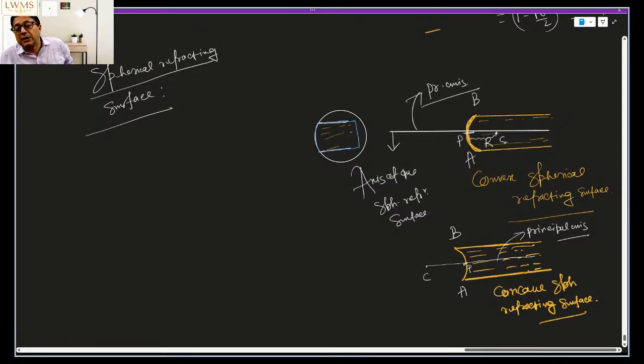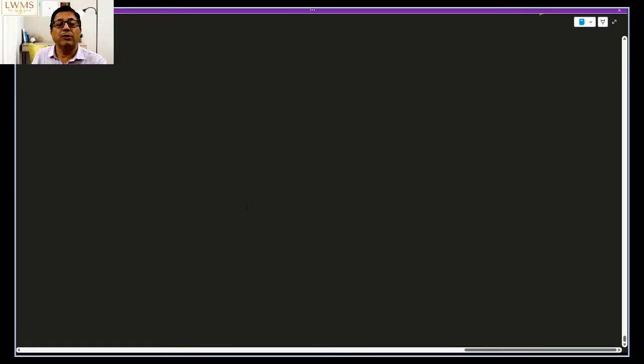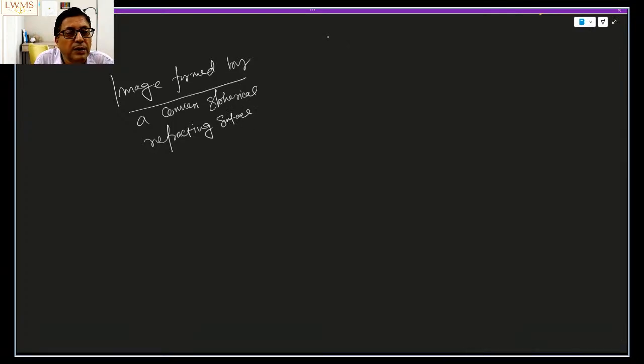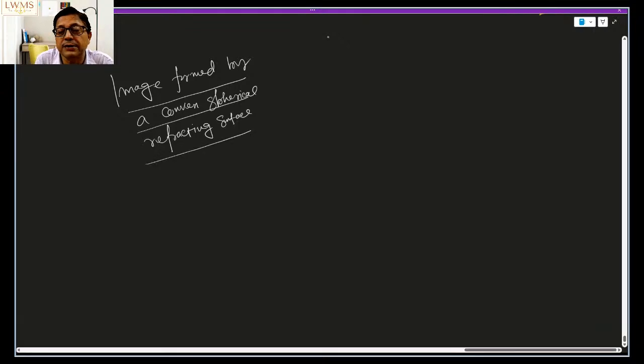But where will you keep the object? How are images formed? That you have to know. So let us consider image formed by a convex spherical refracting surface.